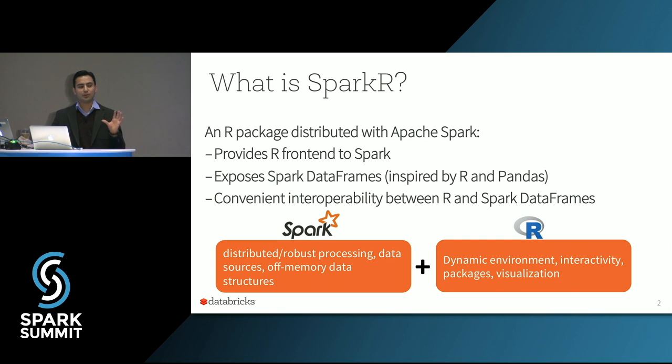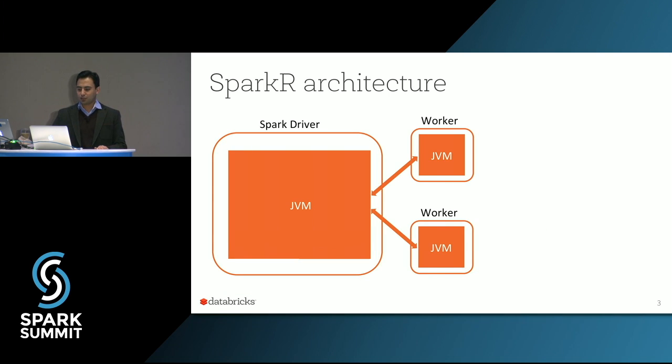Because I'm going to go into some details about performance, I have to make sure that we are on the same page about the architecture. So this might be a little bit high level and boring, but please bear with me and we'll use it again. This is, from 1,000 feet, the general architecture of Spark. We have a driver that runs a JVM process, and a bunch of workers that each have a JVM process.